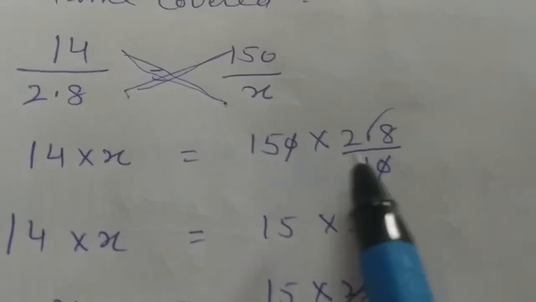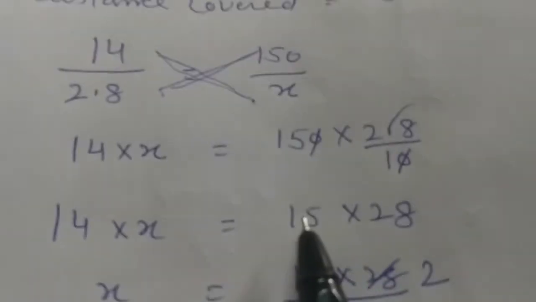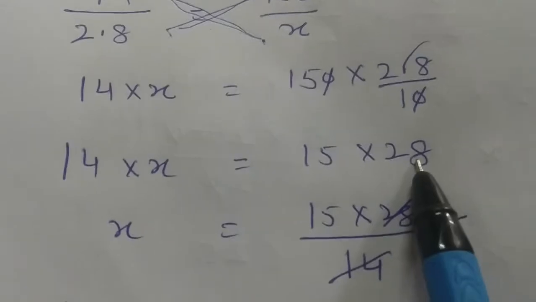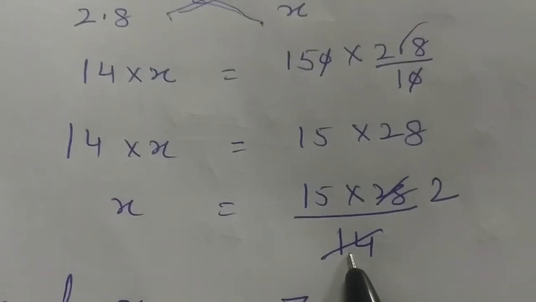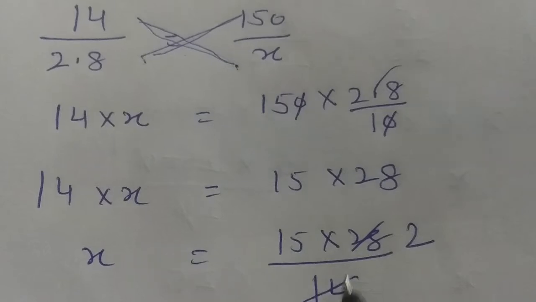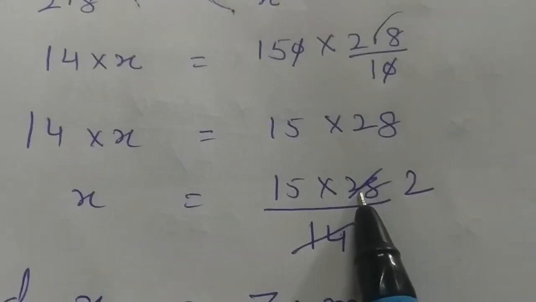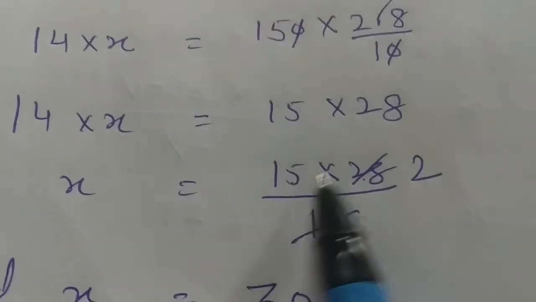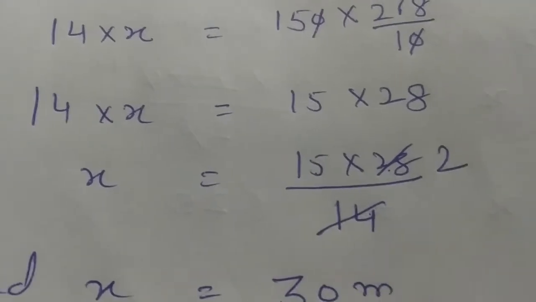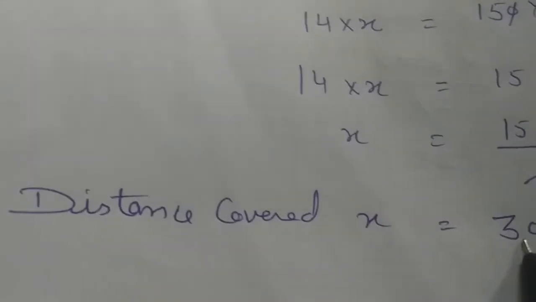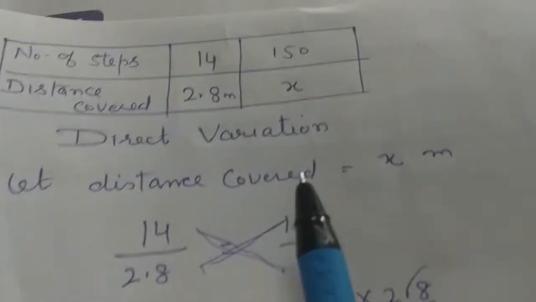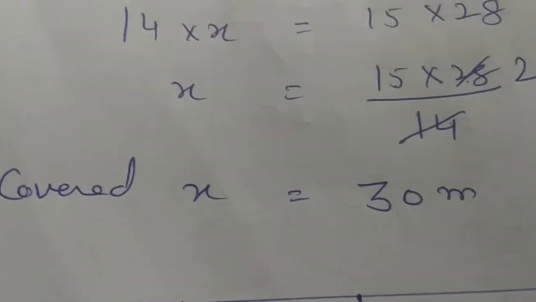Then cancel this 0 with this 0. Now I have 15 into 28. Thus 14, you should bring here, 14 ones are 14, 14 twos are 28. Now we are left with 15 and 2. 15 twos are 30. It means the required distance covered in 150 steps is 30 meters.